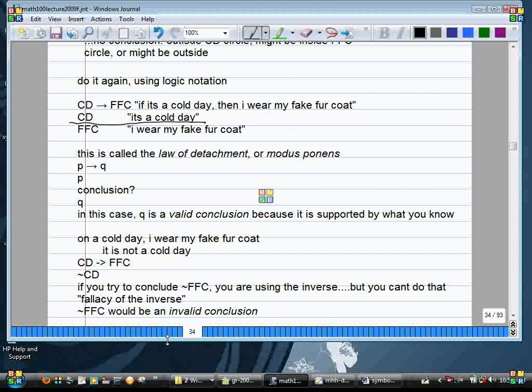It's not supported by what you know. Okay. So in one sense we've already talked about all this stuff, but in another sense it's new because we're re-expressing everything in terms of formal logic.